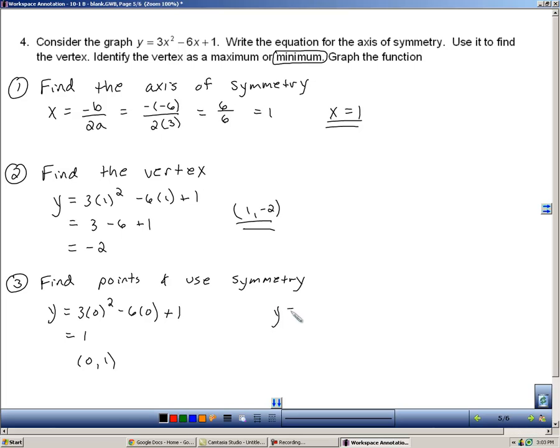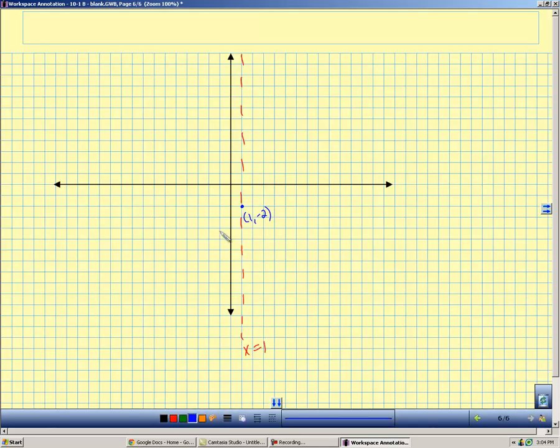And then I said the other x value I was going to try is negative 1. Negative 1 squared is 1 times 3 plus 6 plus 1. So this is a 10. So when I plugged in a negative 1, I got a 10. So 0, 1 and negative 1, 10 are my 2 points.